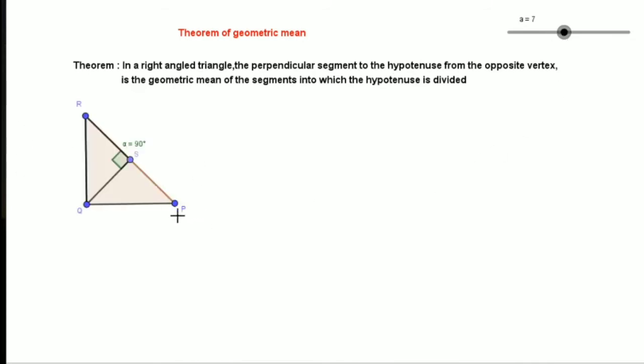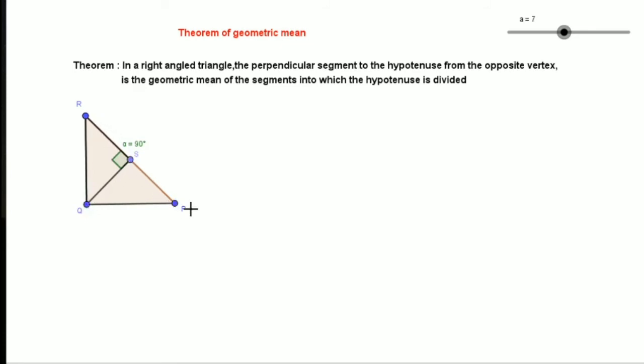So let's draw the figure. Observe the figure: this is triangle PQR, and in this triangle, angle PQR is 90 degrees. It is a right angle. So side PR is the hypotenuse, the side opposite to the right angle.